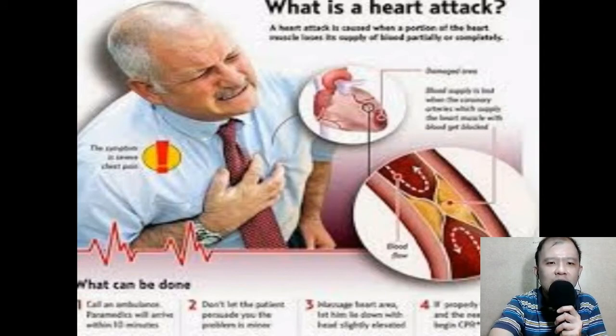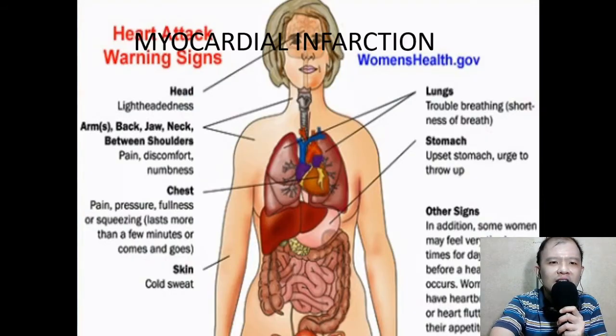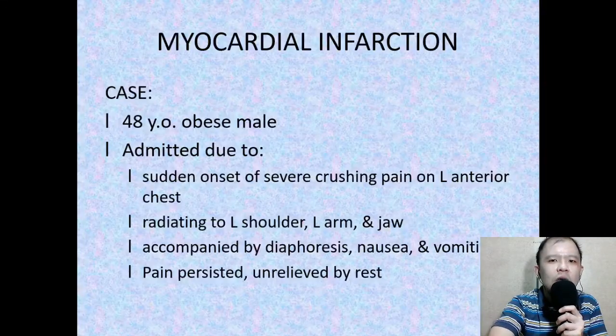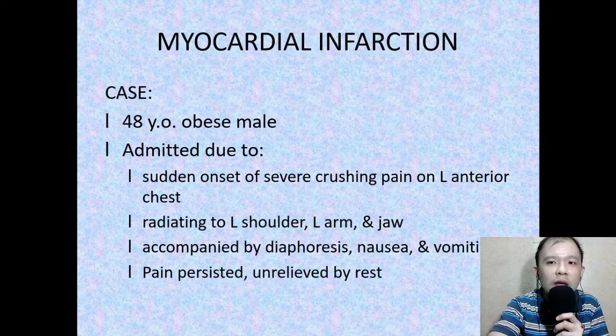So this is how the patient looked. What are the differential diagnoses of a patient coming in your clinic or in the emergency room with an epigastric pain, with a pain on the chest?